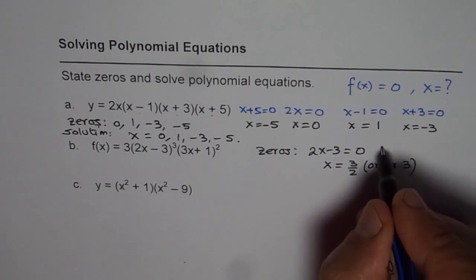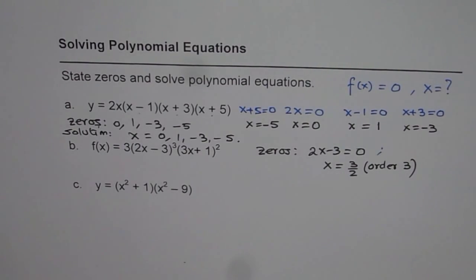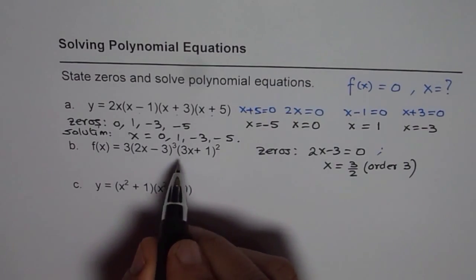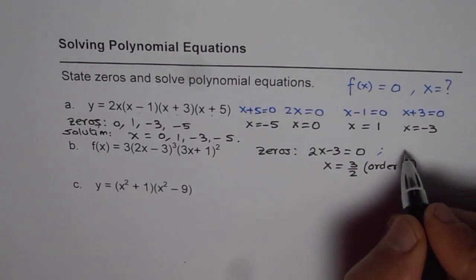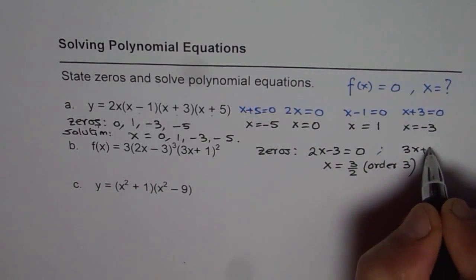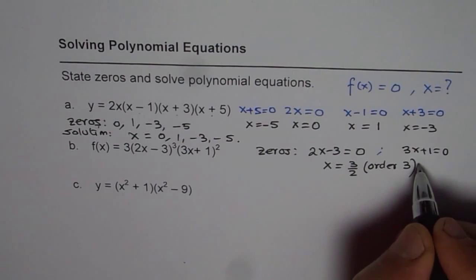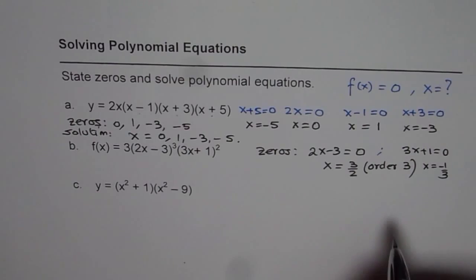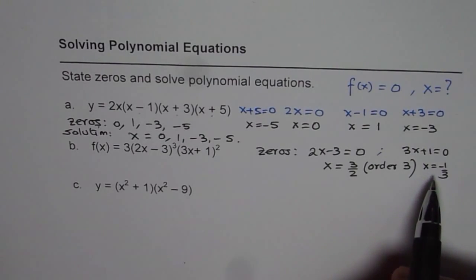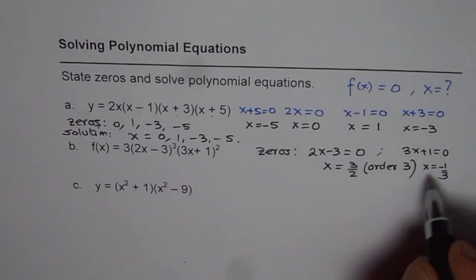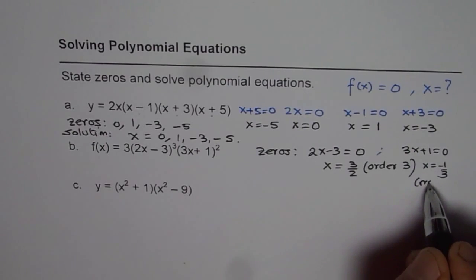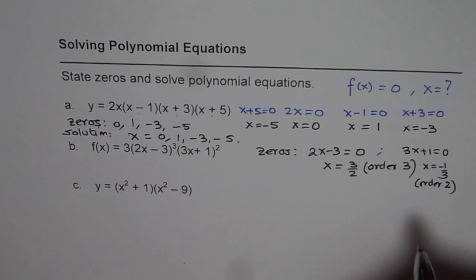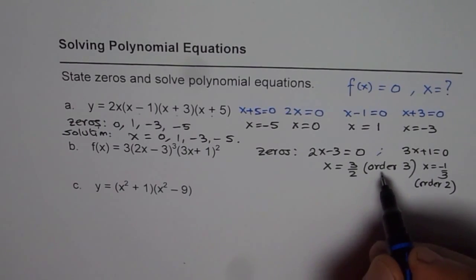Right? Now let's look into the second zero, which is from 3x plus 1. We'll equate 3x plus 1 equals 0, and what do we get? We get x equals minus 1 over 3. And what is the order of this zero? Order is 2. So we should write here order 2, or sometimes instead of order we use the word multiplicity, right?